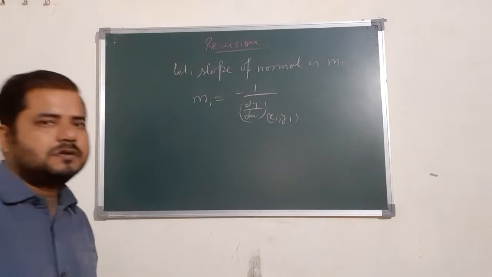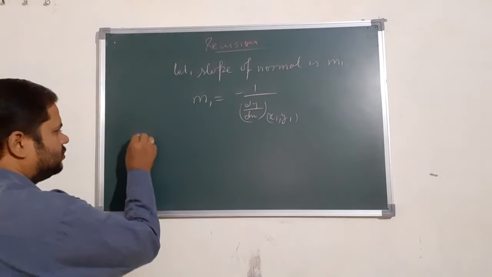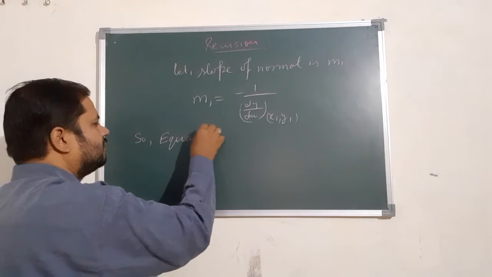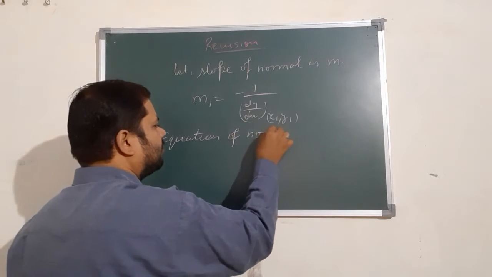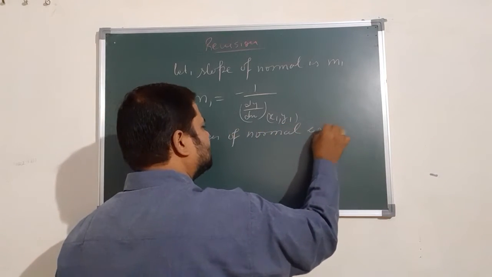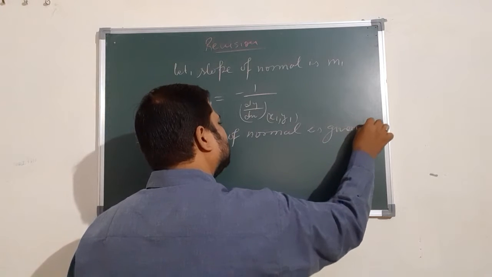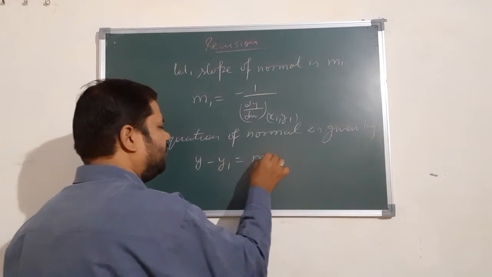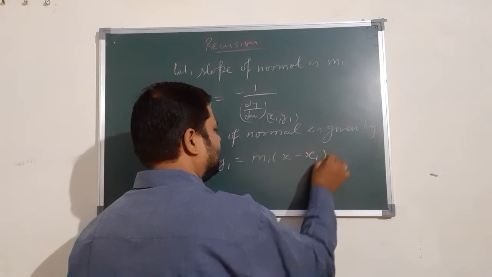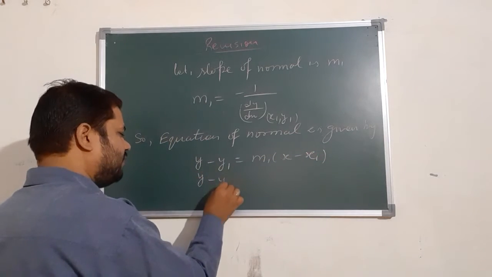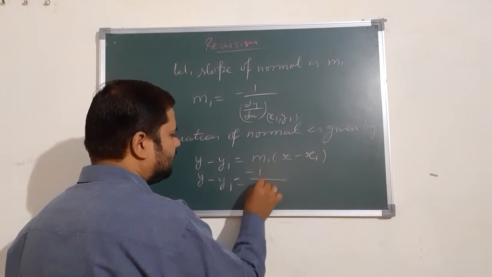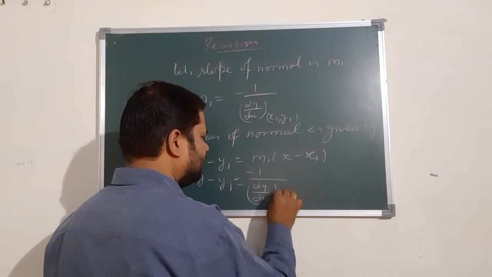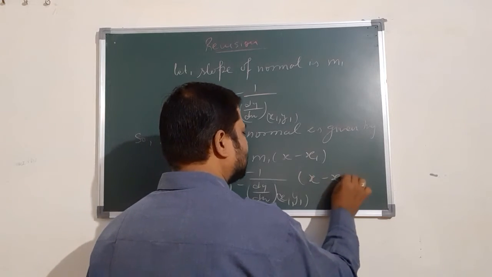The equation of normal is given by y minus y1 equals m1(x minus x1). So y minus y1 equals minus 1 upon dy by dx at (x1, y1) times (x minus x1).